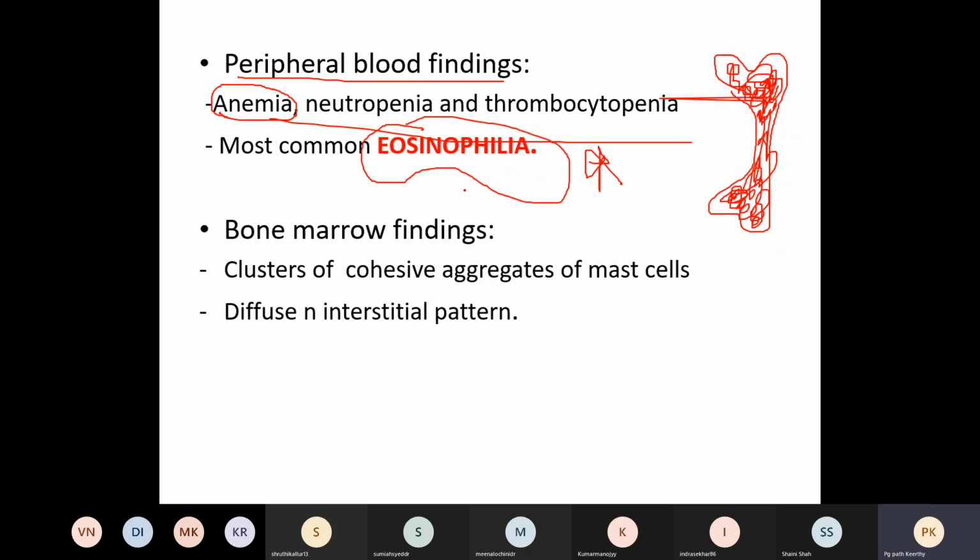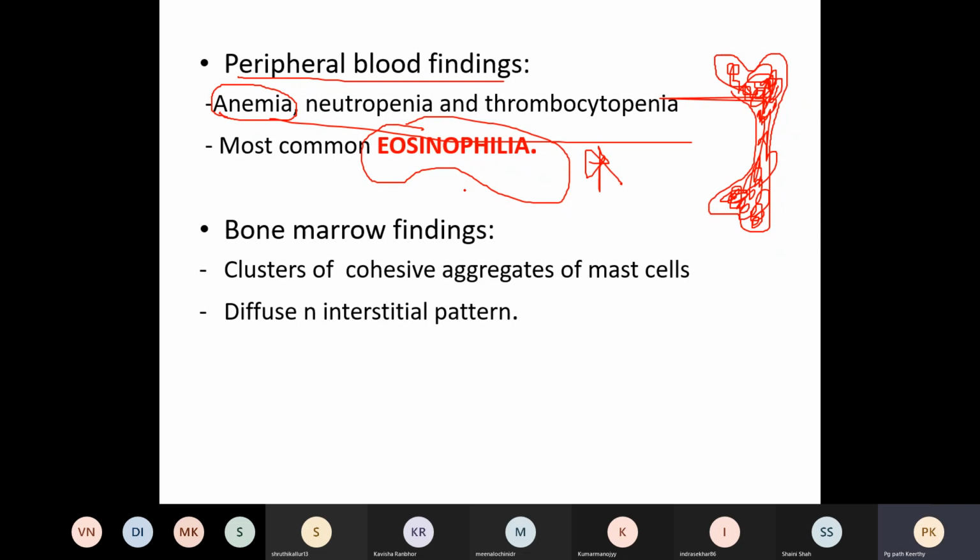Whether you are right or wrong is another thing; at least you should try. Because eosinophils increase in allergic conditions. This is not allergic, it is a neoplastic condition. The neoplasm is due to the mast cell.